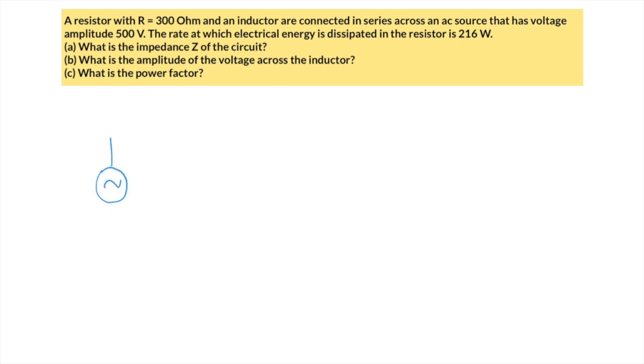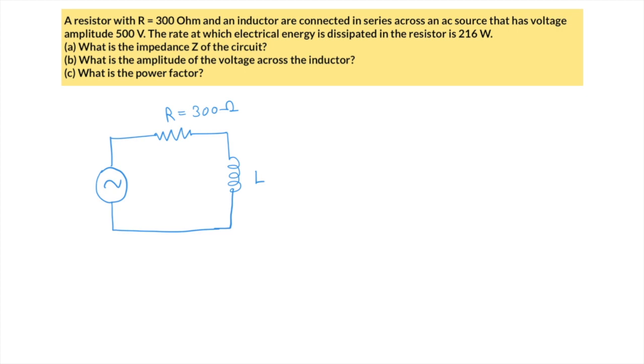So AC source, and we have two components, L and R. R is given, which is 300 ohms. We are also given that the AC source has voltage of 500 volt.